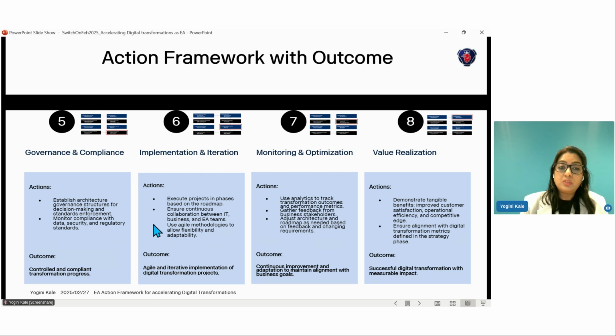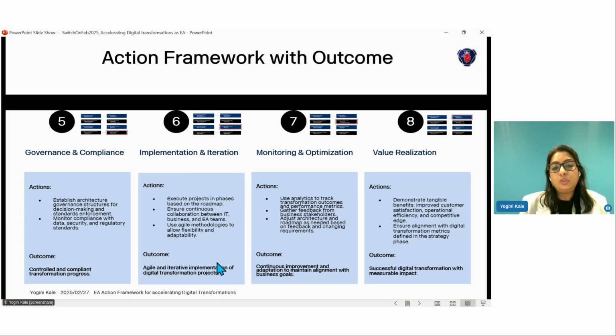As a part of this, of course, communication is important, but also make sure that the projects are executed in the phases and the transition plan that we had designed in the earlier stages, and also align the outcomes with the transformation initiative or the goals that we have.